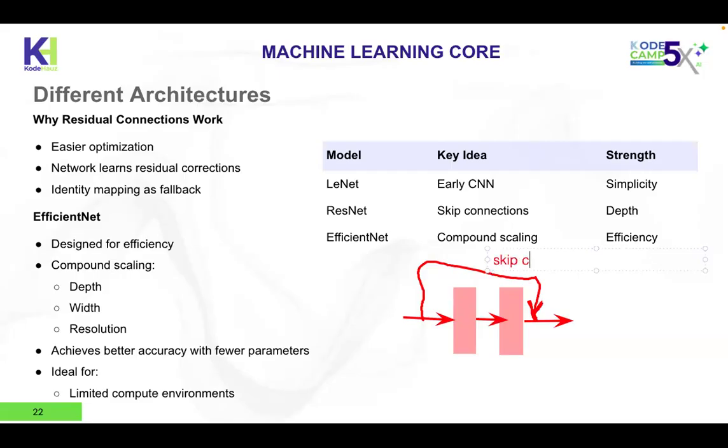This particular connection, that's why it's called a skip connection, because it essentially skips over the two convnets and basically links this. So some part of the signal is connected.